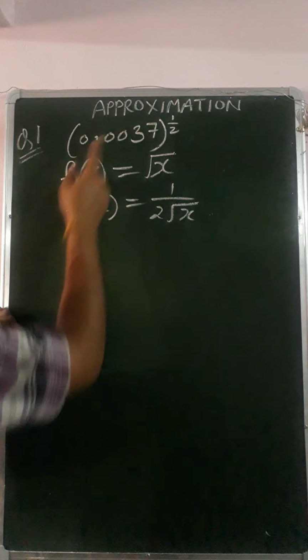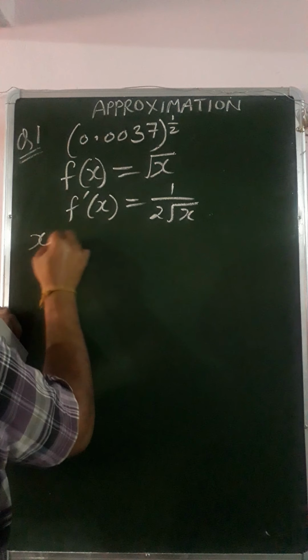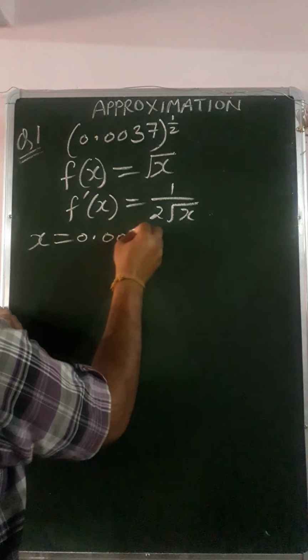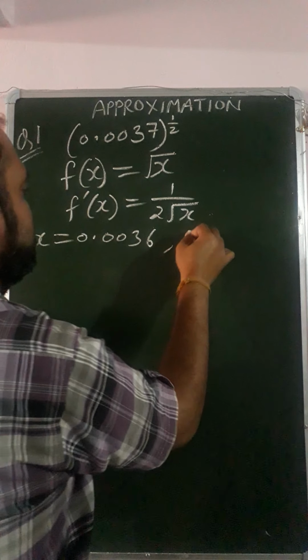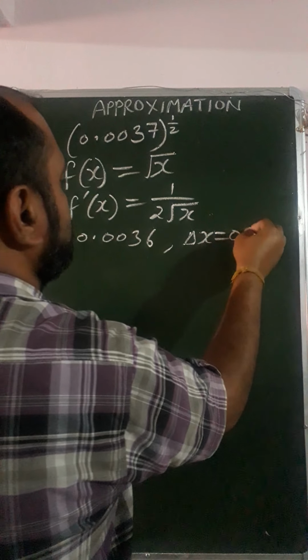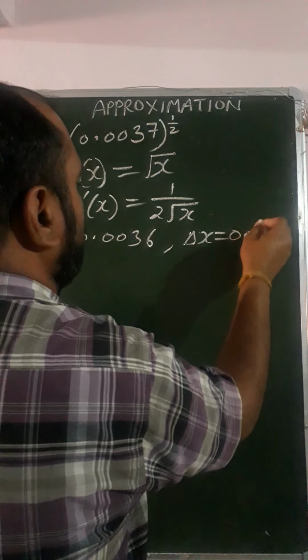Now I am breaking this as, let x is equal to 0.0036 and delta x is equal to 0.0001, right? So that their sum is this. Now I am taking that formula f of x plus delta x, that is equal to f of x plus f dash x into delta x, right?